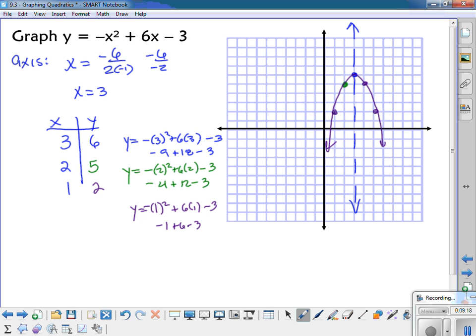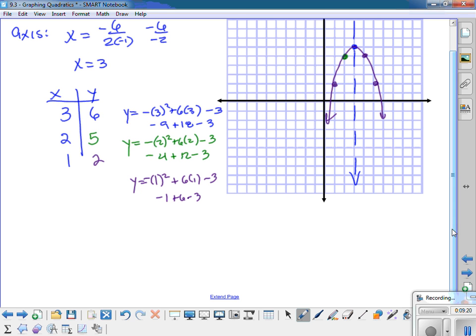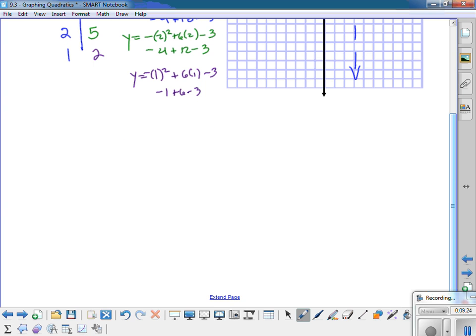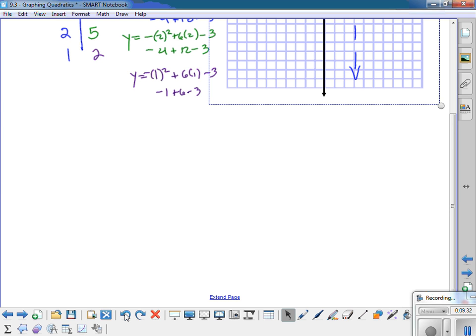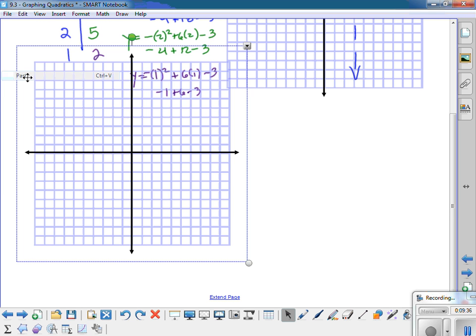All right, so let me show you a common mistake that happens if you don't graph the axis. Let's see here, let's copy that. Okay.